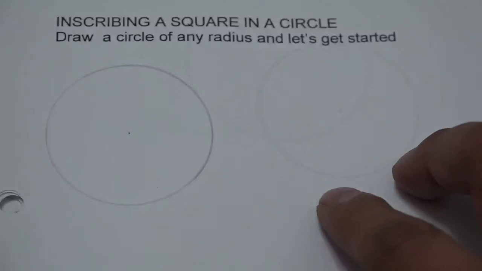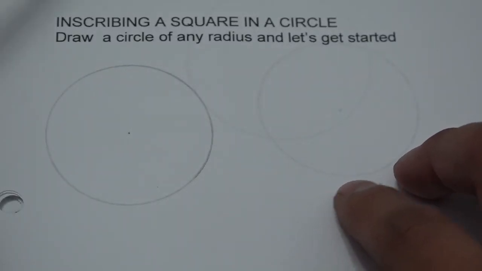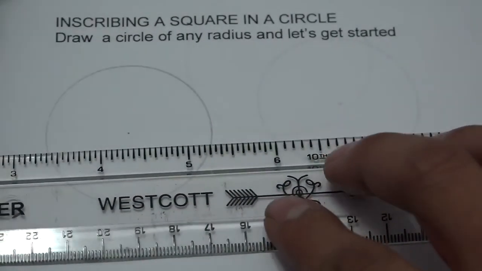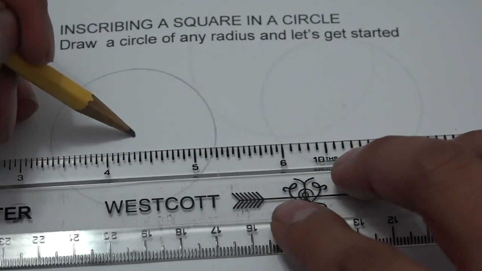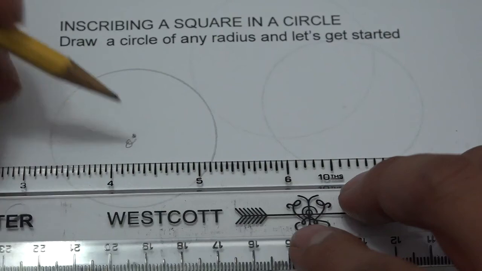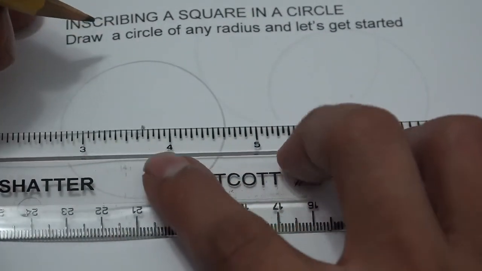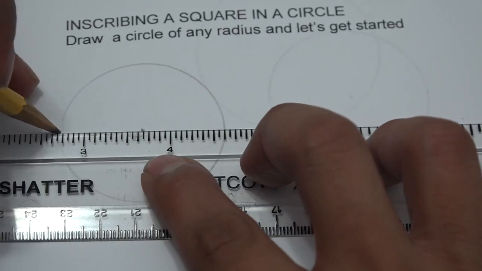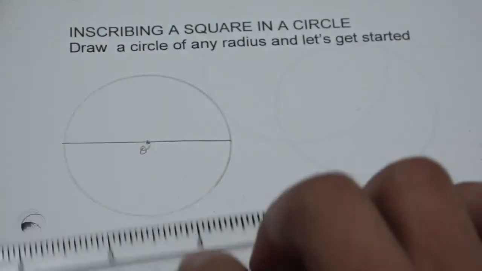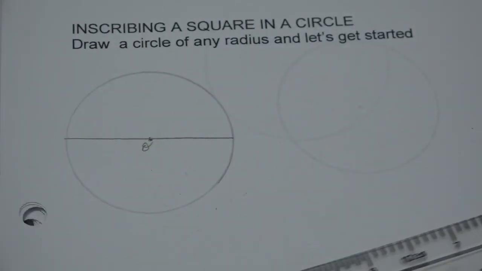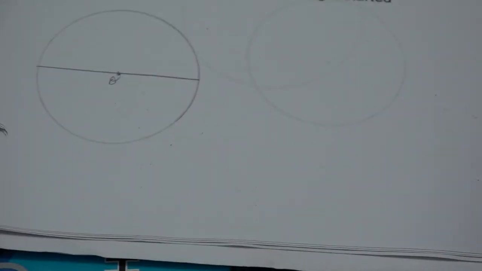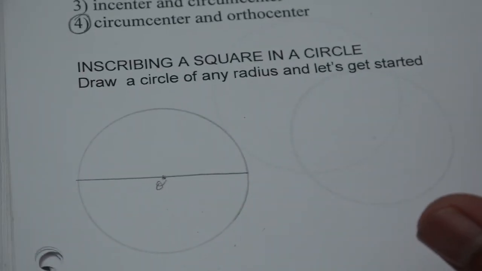Draw in a circle. Now, how do I construct a square? I don't know. Okay, so this is the center. Let me call this circle O. So what I'm going to do is create a diameter. Now, after creating that diameter, what am I going to do?